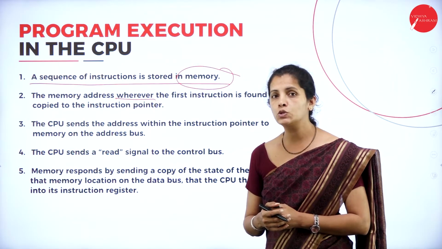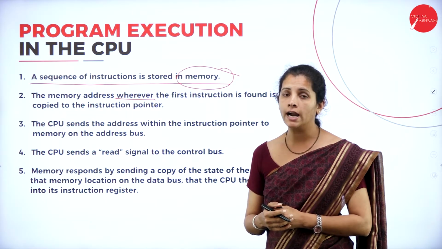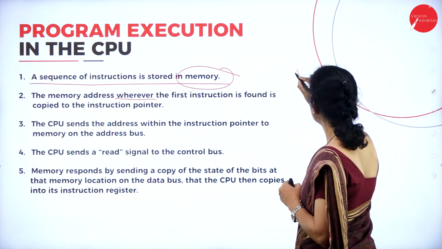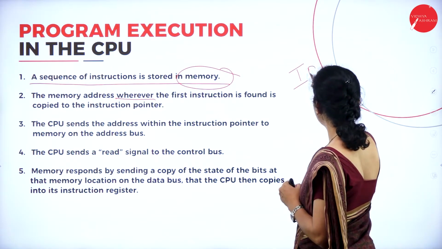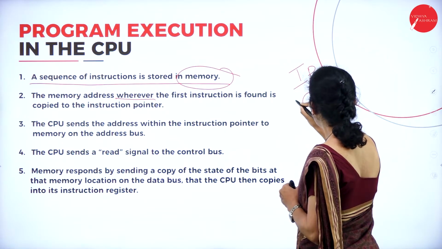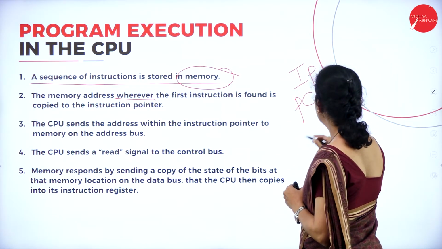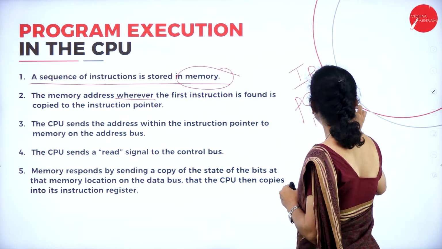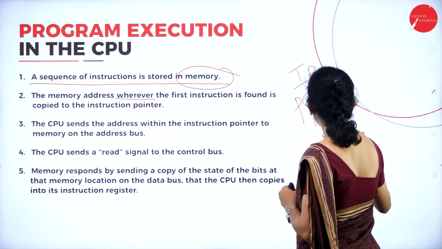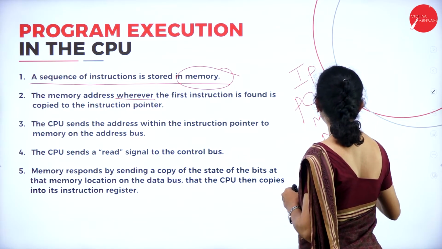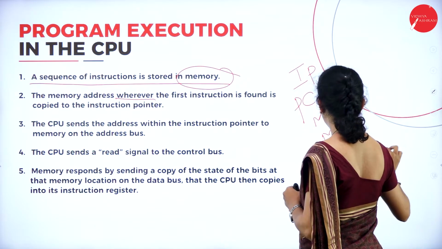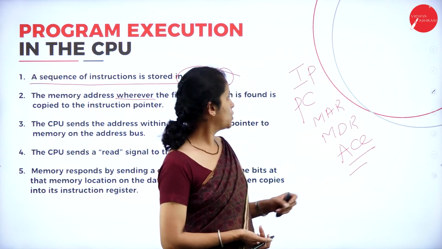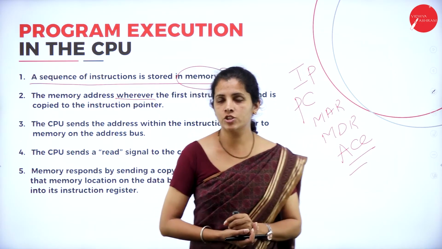It is mainly used to store intermediate results. Examples of registers are the instruction pointer, that is IP, program counter, that is PC, memory address register, memory data register, and accumulator. To execute any program, I require all these registers.